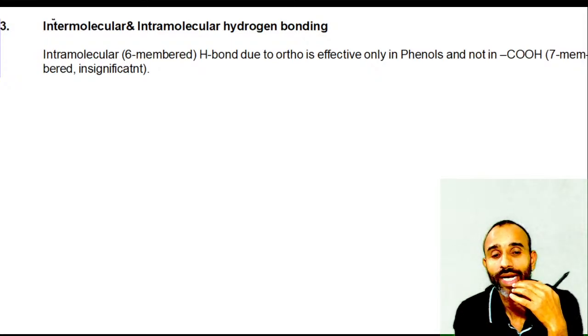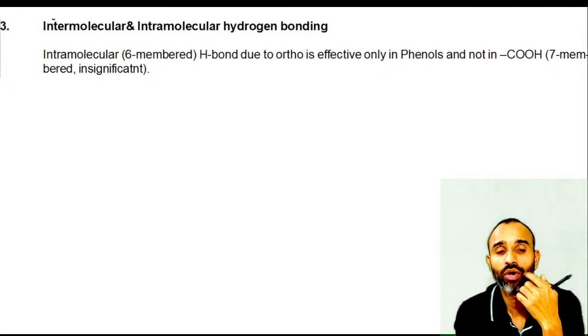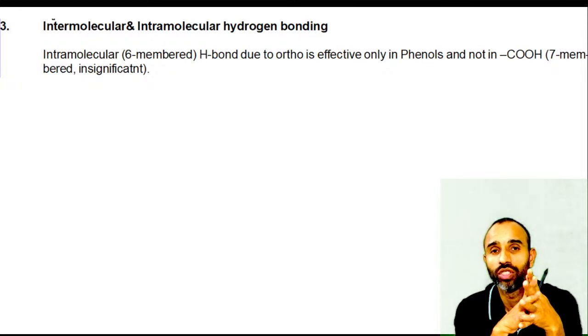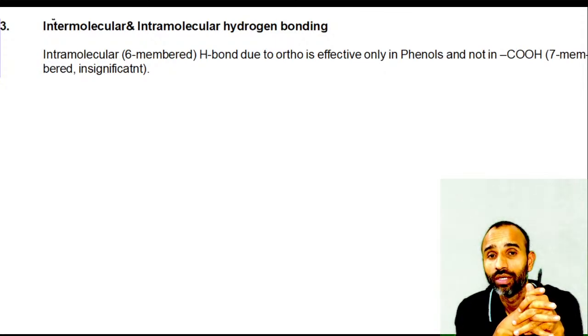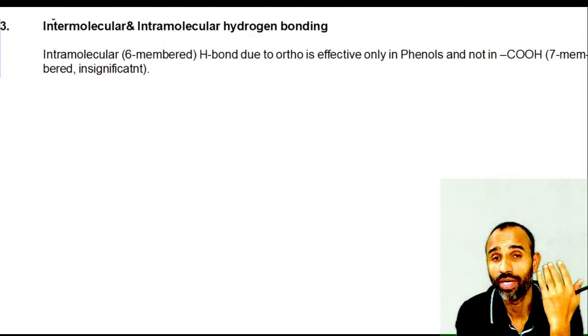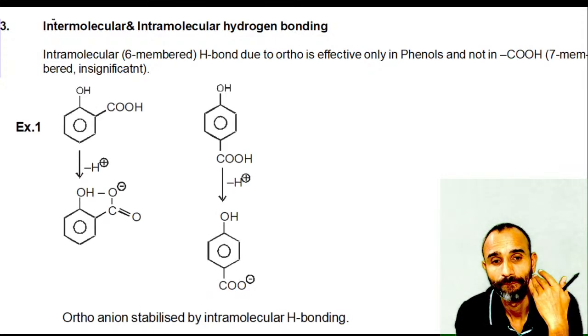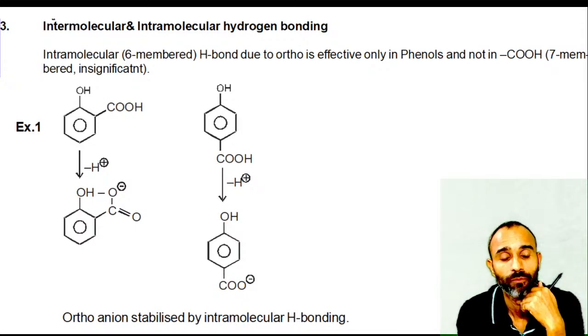Now, inter and intramolecular hydrogen bonding. So, intramolecular hydrogen bonding due to ortho effect is effective only in phenols and not in benzoic acid, because that becomes a 7-membered ring in case of benzoic acid, like this.